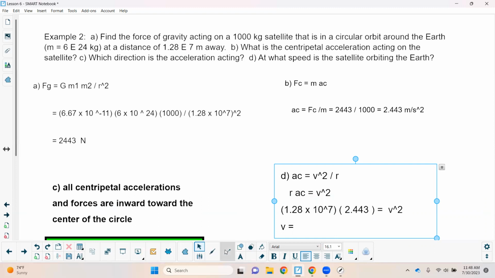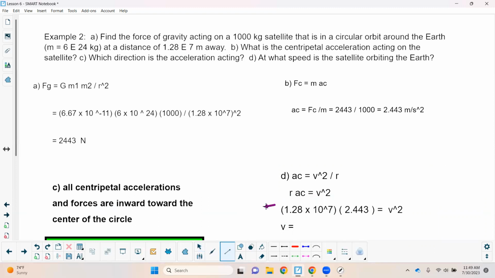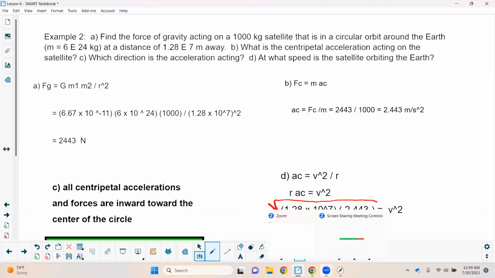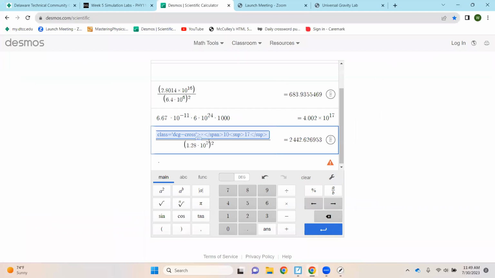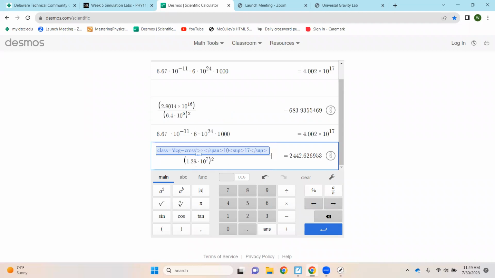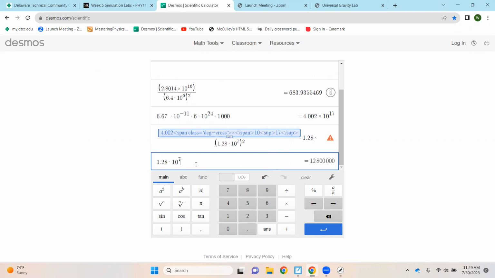In order to get rid of the squared, you got to do a square root. On your calculator, that's the button we're looking for. So let me jump to Desmos. I'm going to multiply that by 2.443, because that was our acceleration.